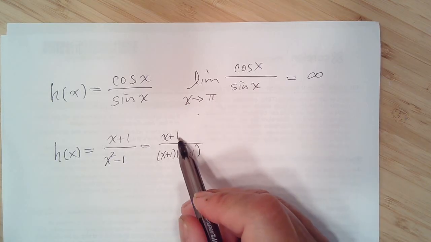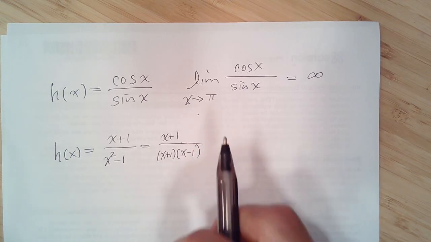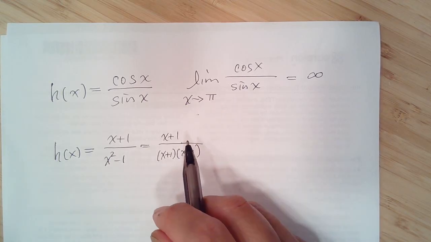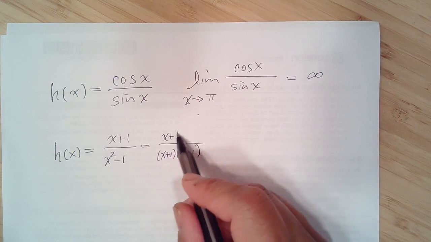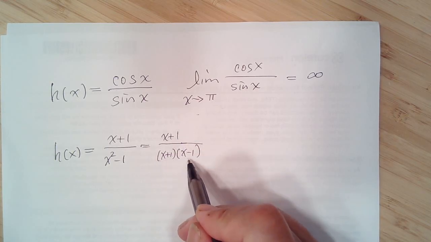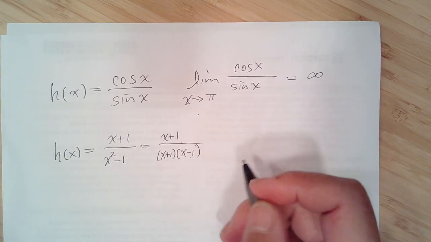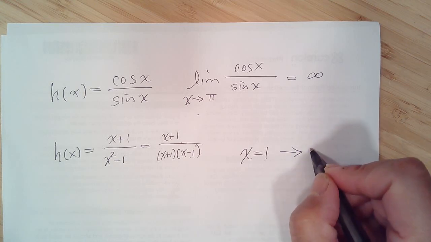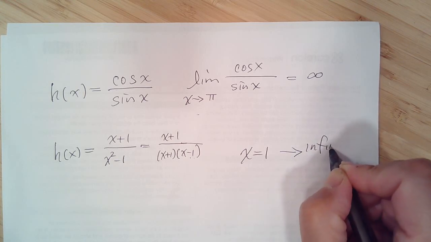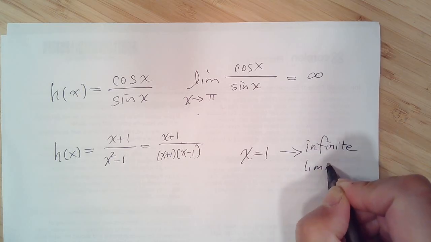It's where the numerator is not 0 and the denominator is 0. So in this case, if you cross this out, when x approaches 1, the denominator is 0, but the numerator is not. So x equals 1 will give you an infinite limit. That's not a problem.